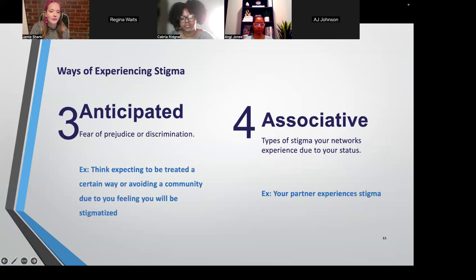Absolutely. And then the next one is anticipated stigma. So that's just the prerequisite, right? So the fear of being judged or discriminated against. So our example here is someone thinking to or expecting to be treated a certain way or avoiding a community due to feeling stigmatized.